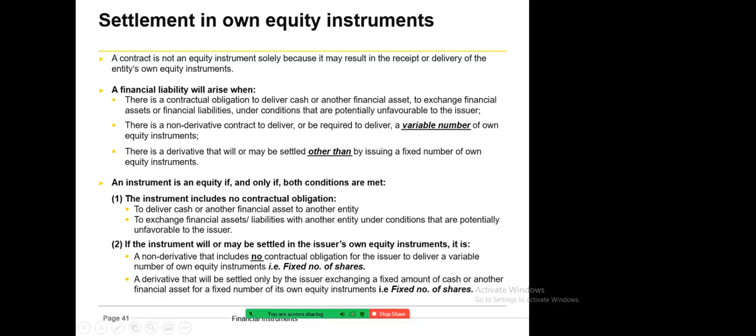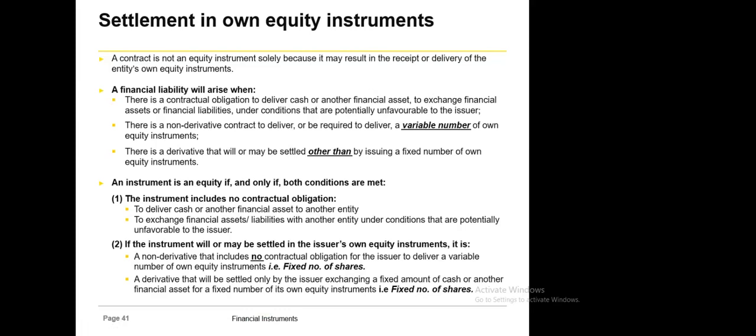So now there is a variability in the number of equity instruments that you will be getting. Second, there is a derivative that will or may be settled other than by issuing a fixed number of own equity instruments. Here we are talking about the one-on-one criteria, that against those 200 debentures you will be getting 200 equity instruments only.